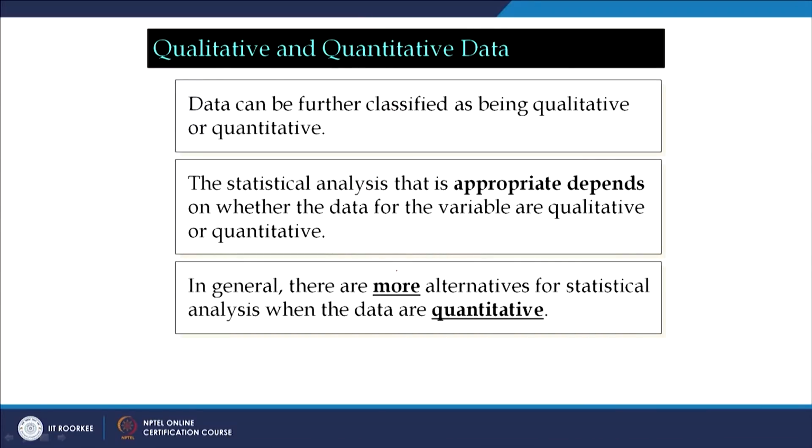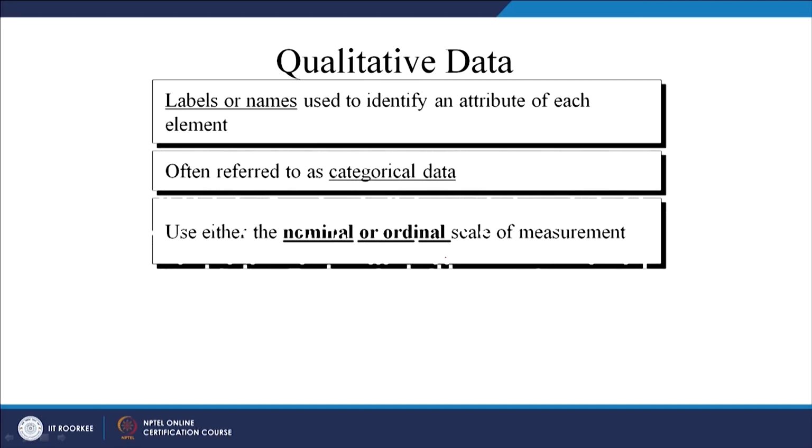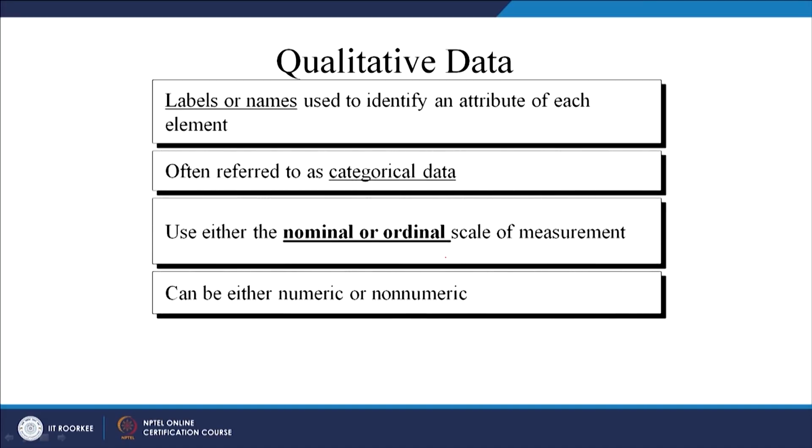If you have got quantitative data, then you can have more options as far as statistical analysis are concerned, and these options get restricted when the data are qualitative in nature. So, qualitative data are obtained from which two scales? Nominal and ordinal, right.